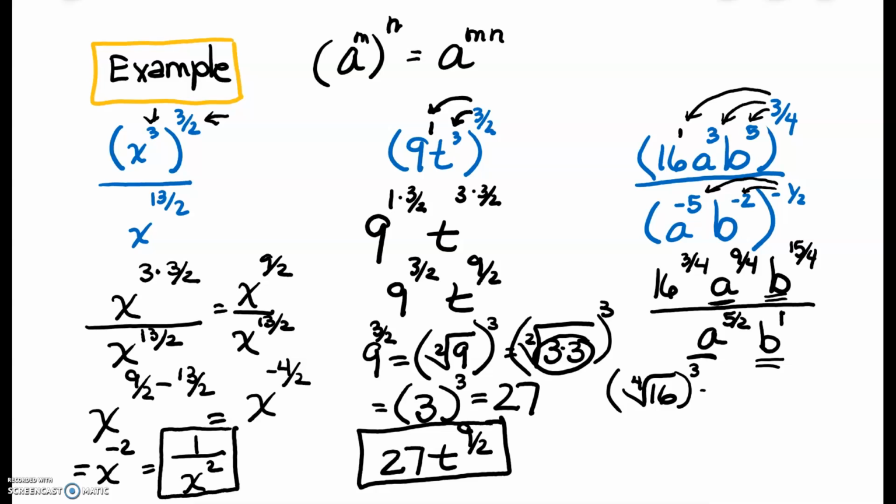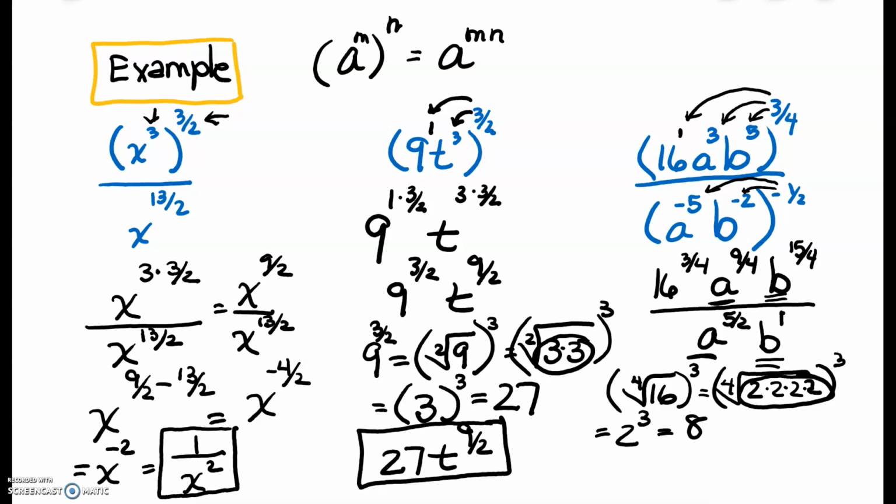Well, the fourth root of 16, let's see, if I factor 16, I get 2 times 2 times 2 times 2, and I'm raising that to the power of 3. So I'm circling groups of 4 numbers that are the same. So I get 2 cubed, and I know 2 cubed is 8. So 16 to the 3/4 reduces to 8.